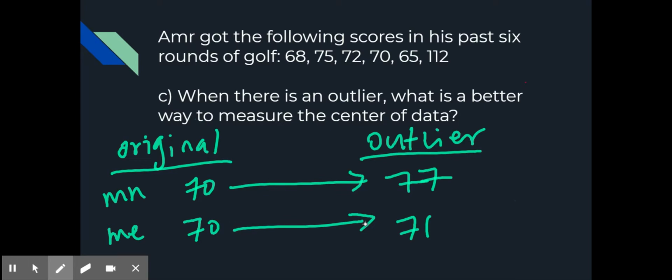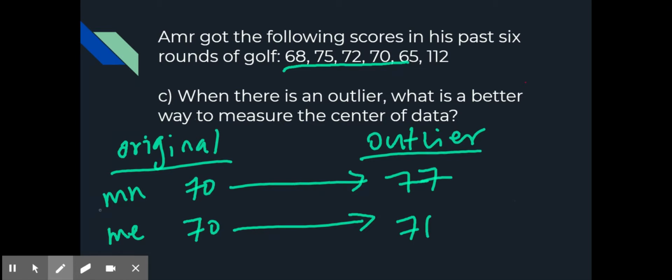So the outlier highly affected the mean. So in this case, the median with the outlier would have been a better measure of center because Amr did so well. He played golf so well 5 times in a row.